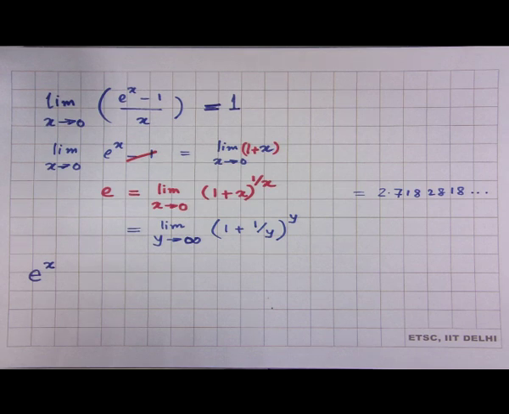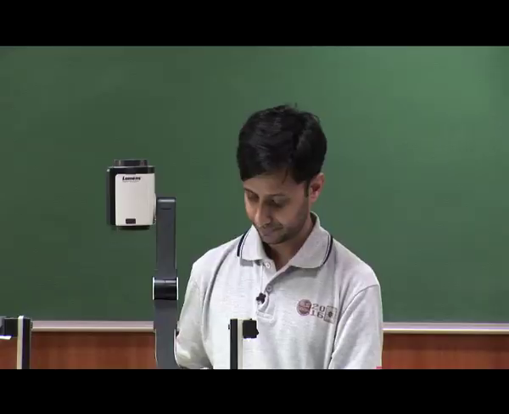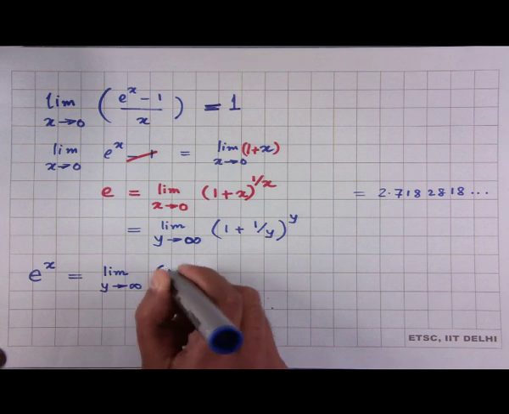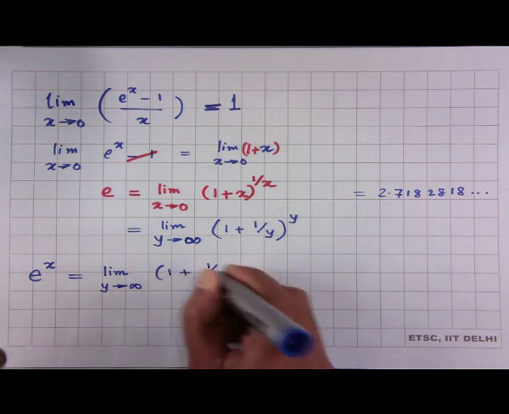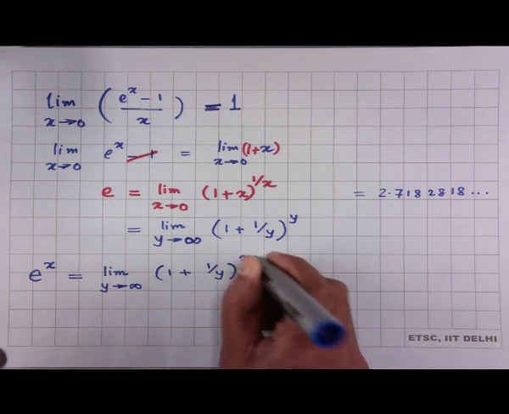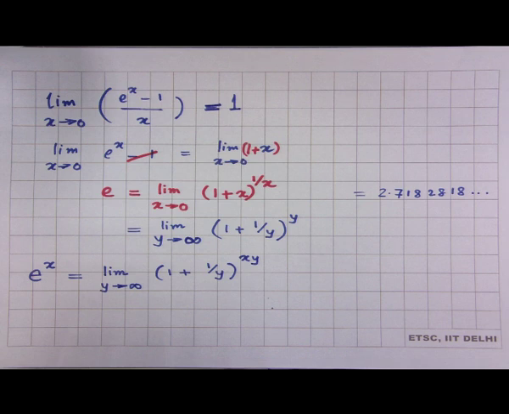Suppose you want to compute e to the power x. Okay. 1 plus 1 by y whole to the power x y. Any problem? No problem. Limit y tends to infinity.